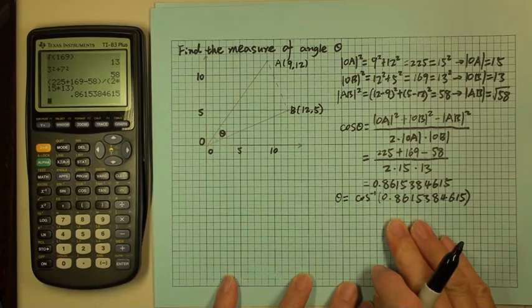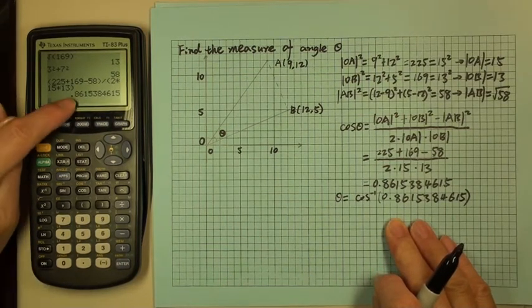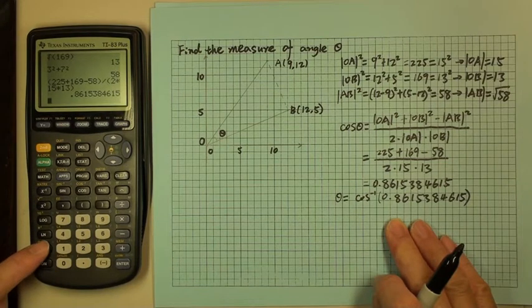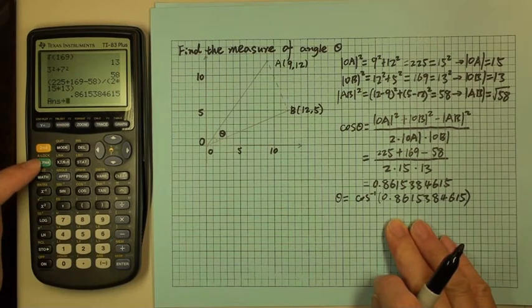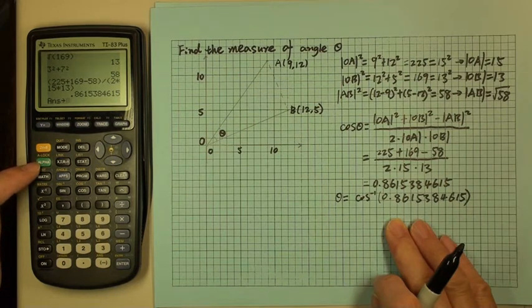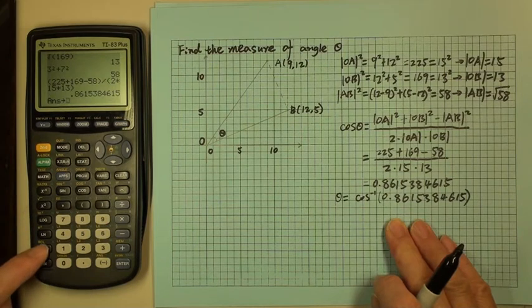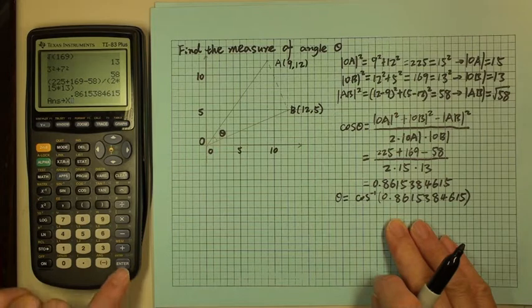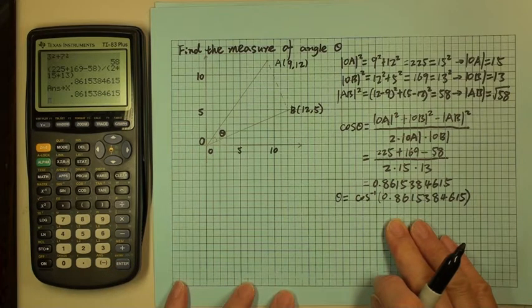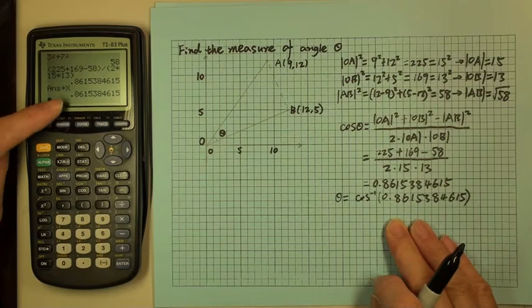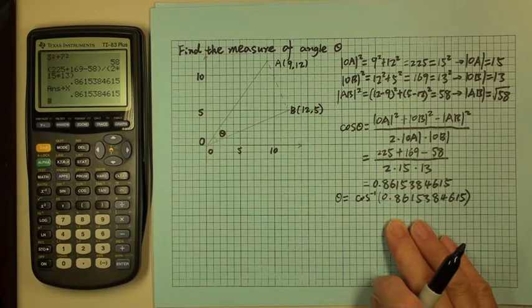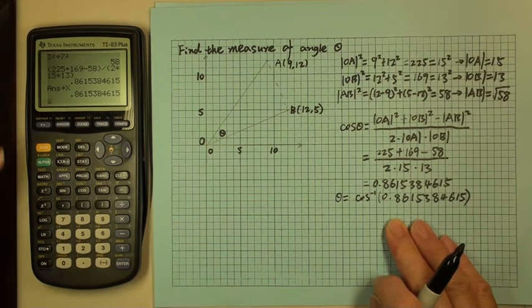The way to avoid mistakes is like this. You want to store this calculation result into the memory X. So you hit store, and then alpha, the green memory X, hit that. Then you hit enter. This tells us that the number 0.8615384615 is stored in the memory X.